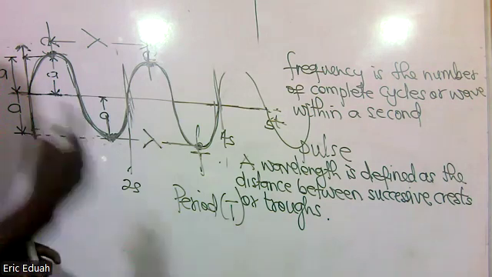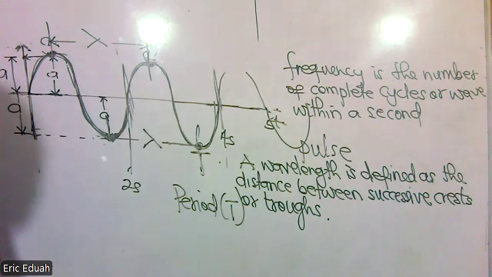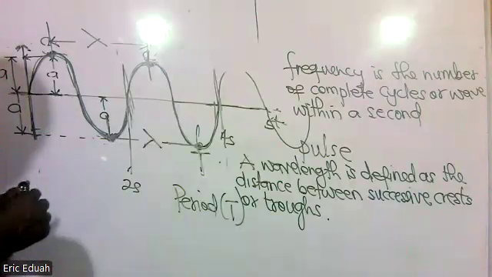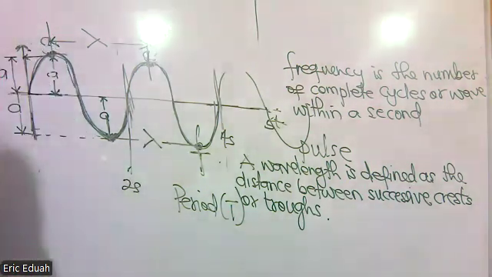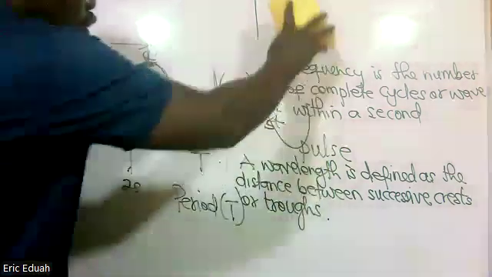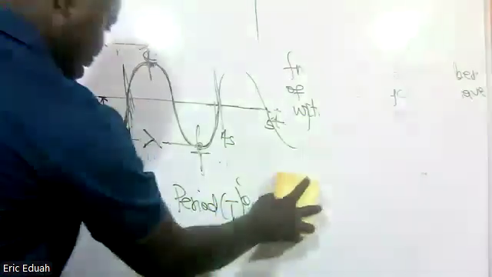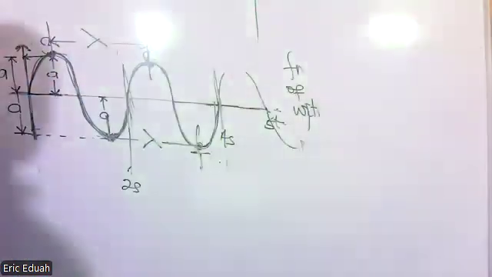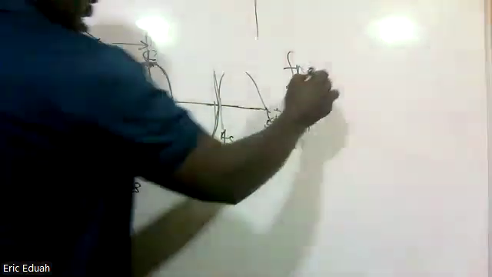All right. Now, the next measurable property of a wave, which we have to understand, is the wave velocity, or speed. Please do not forget that wave frequency and period are related by the same equation.